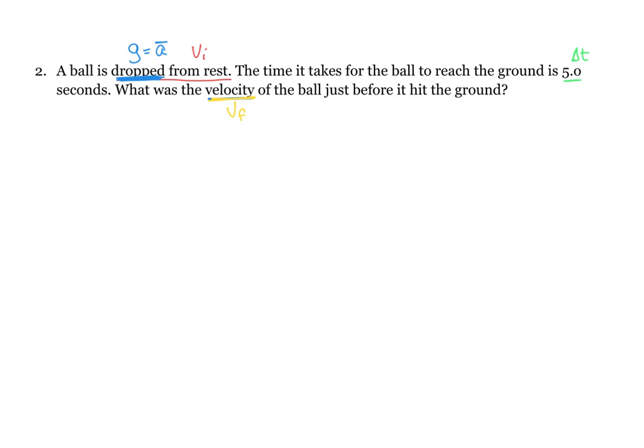So I have initial velocity is going to be 0. I have a final velocity that is going to be what I am solving for. I have acceleration, which we can actually say is gravity, which we know is negative 9.81 meters per second squared. And then I have a change in time, which is 5.0.